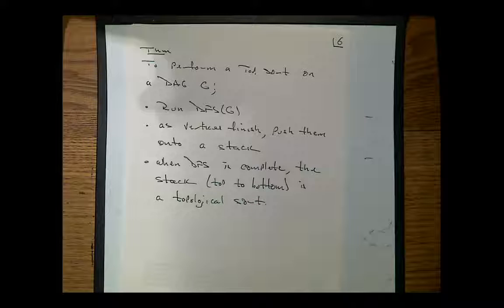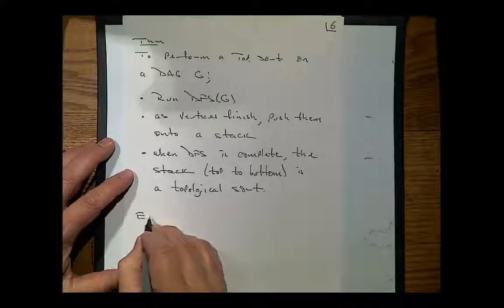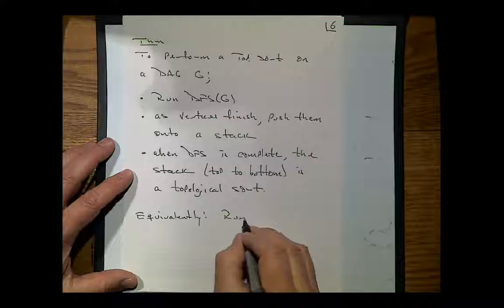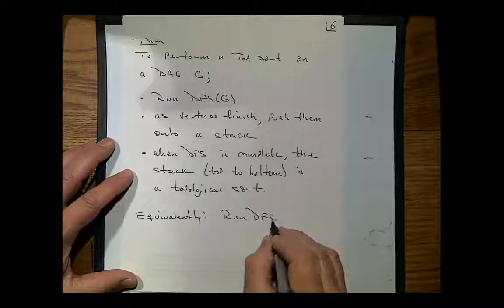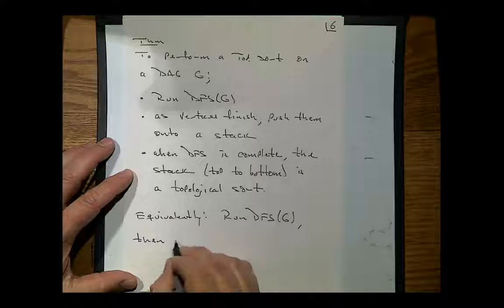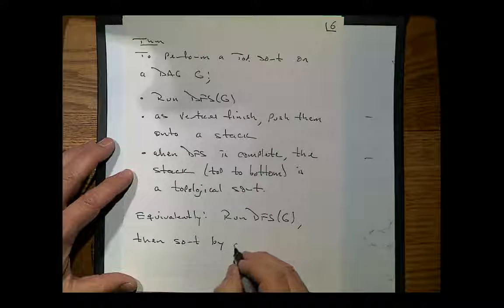So equivalently, we could just run DFS on G, then sort by decreasing finish times.